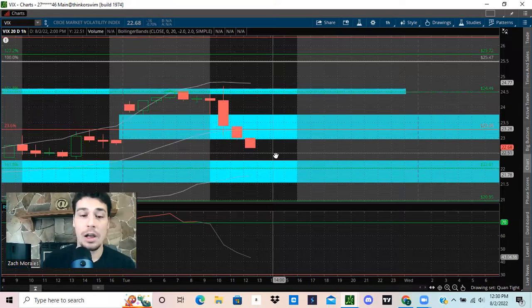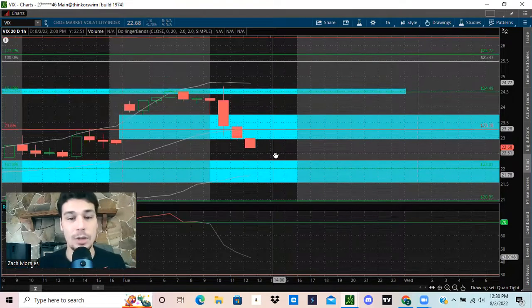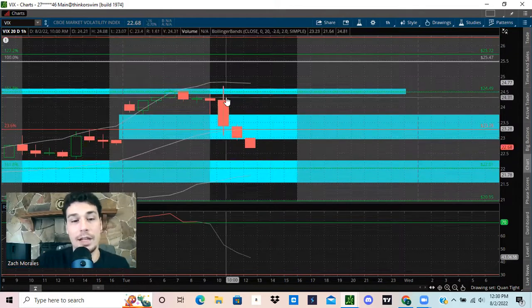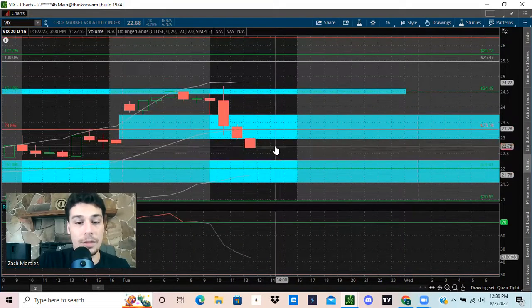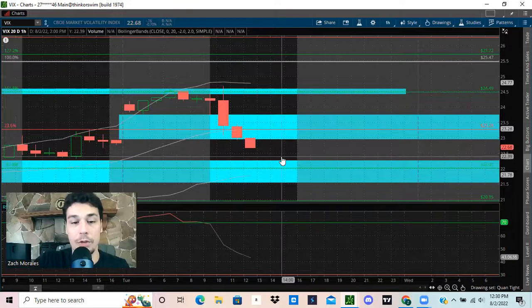Now, 3 p.m. is when you tend to see a reversal, so you always have to be a little bit cautious there because that's when the volume steps in a lot. The first hour and the last hour is when institutions do most of their buying, and they control most of the money. So in the meantime, the trend tends to continue until we get a nice impulse from the institutions around 3 o'clock.